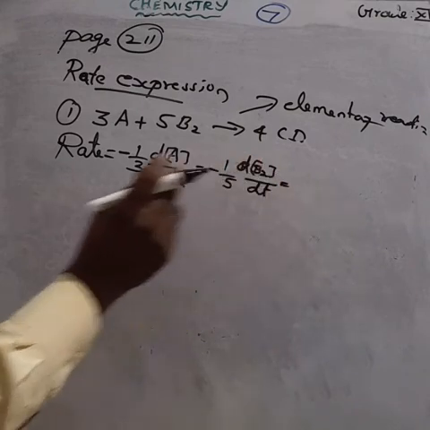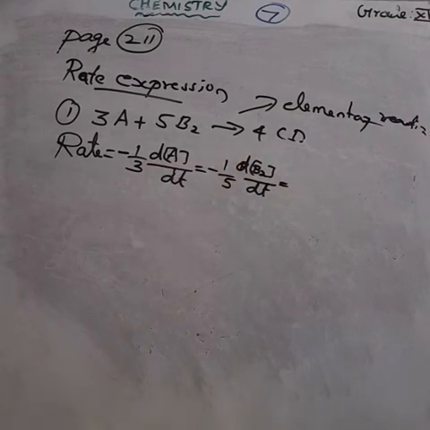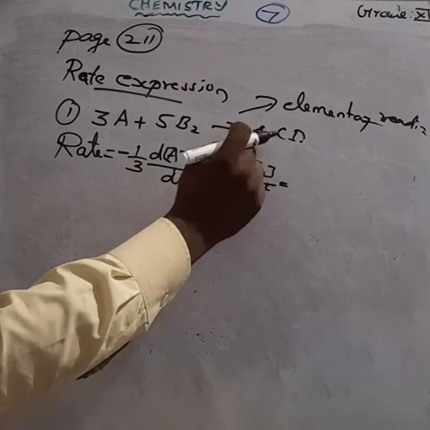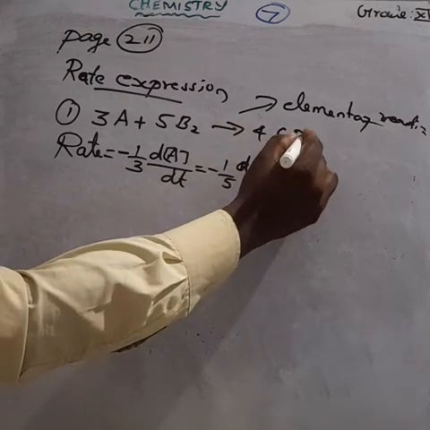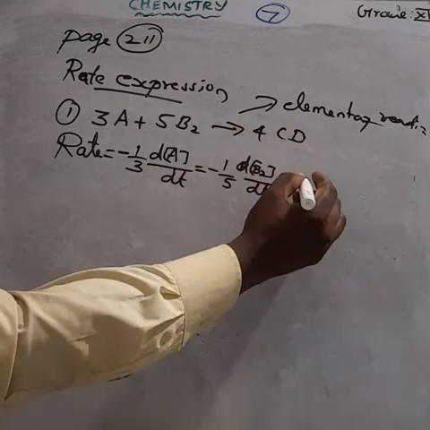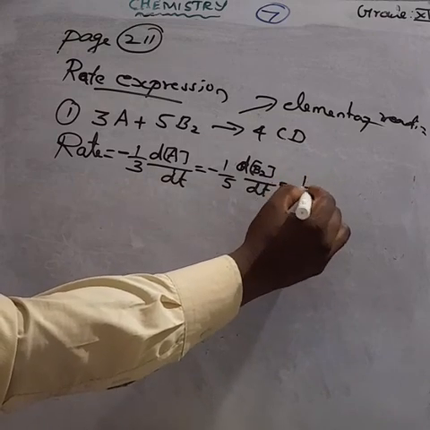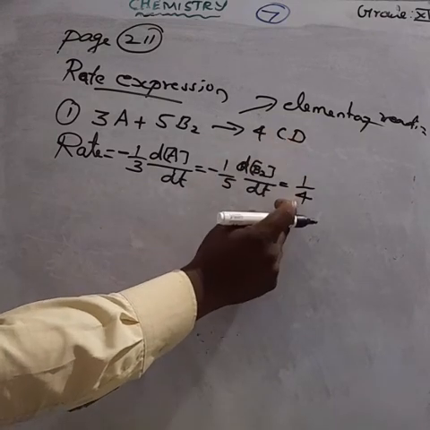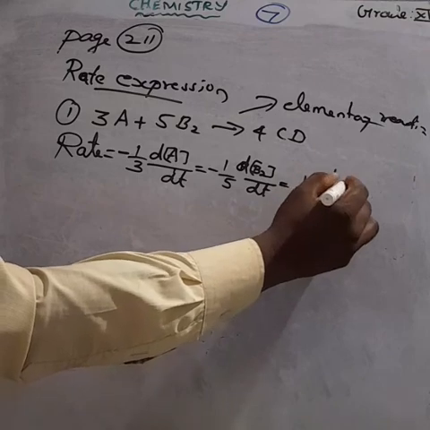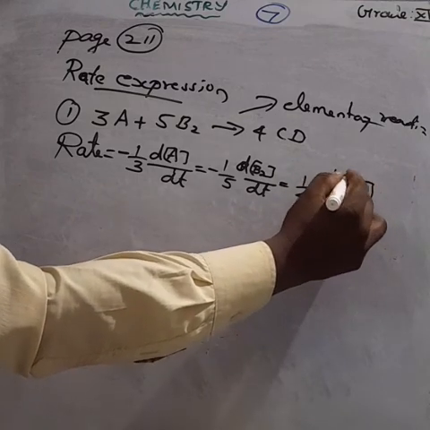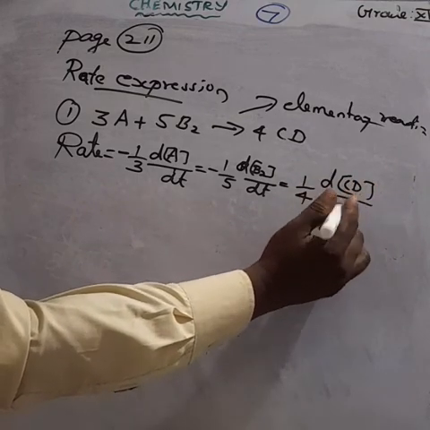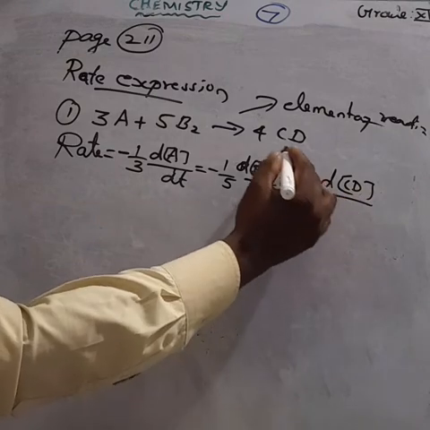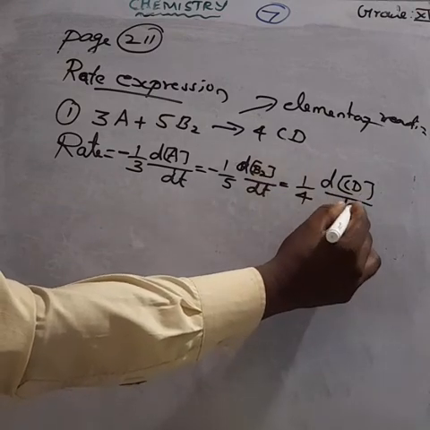So for the reactant we give the negative sign. Next, for the product we give the positive sign. So here we write 1 by 4 d[CD]/dt, the concentration of CD divided by dt.